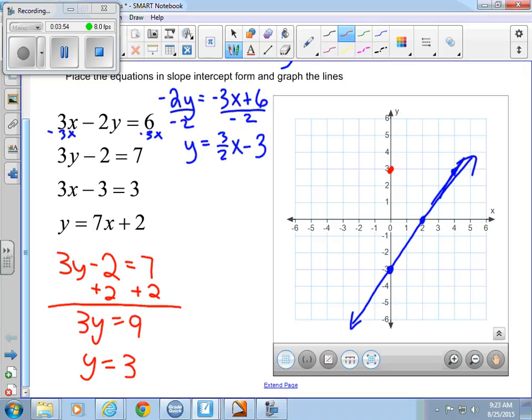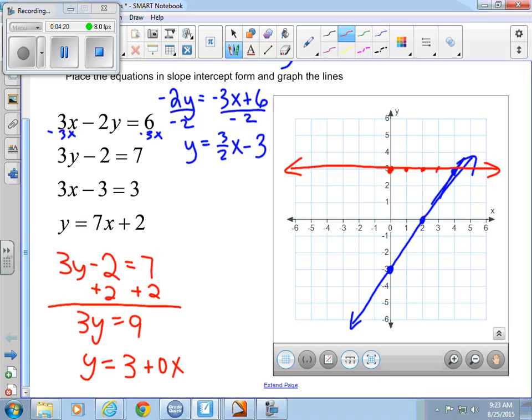Well, if you think about it, it says y equals 3. When does y equal 3? Always. So what would that make if I start plotting y equals 3 always? It's a horizontal line, right? So y equals 3 is a horizontal line. The slope is 0. Could I write plus 0x if I really wanted to?